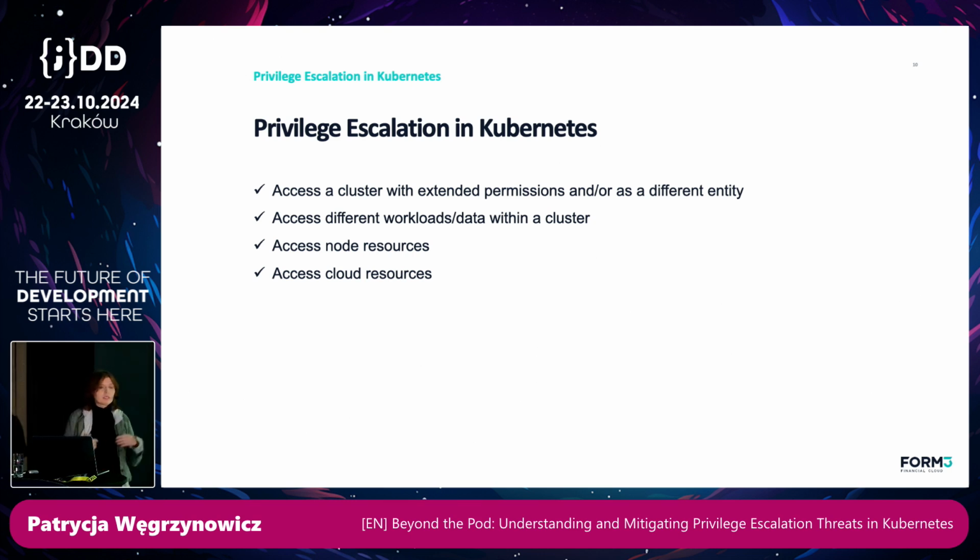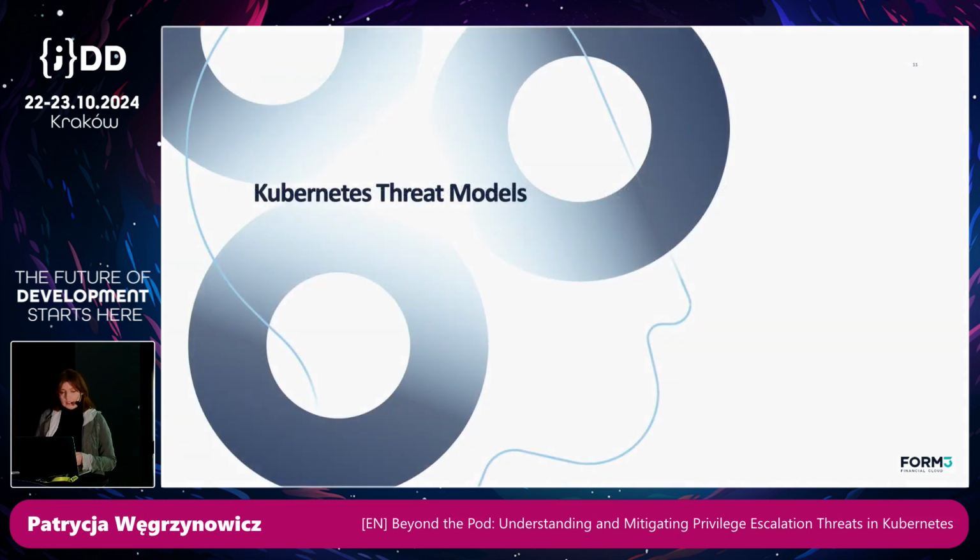And when our Kubernetes clusters are deployed into a cloud or they are managed offerings, we can talk about escaping to cloud, so accessing cloud resources. And when it comes to threat modeling in Kubernetes, it's not a very detailed area, and only recently, in the last couple of years, it became more prominent.